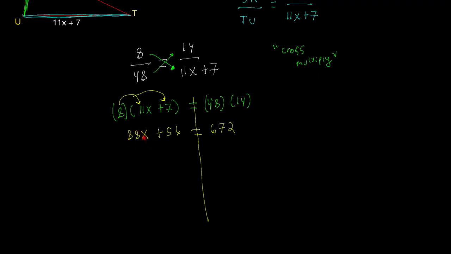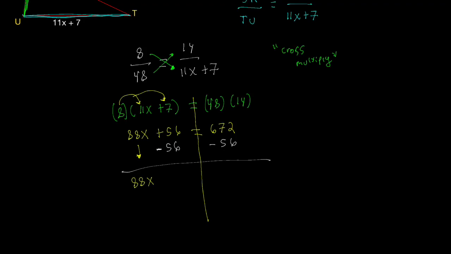So again, the objective is to isolate x, so I have to get rid of this 56. Since we have a plus 56, we have to apply the inverse operation, and the opposite of plus is minus, so minus 56. But since we have an equality here, whatever I do on the left, I have to do on the right. So minus 56 on the left, minus 56 on the right. This 88x, nothing's happening.